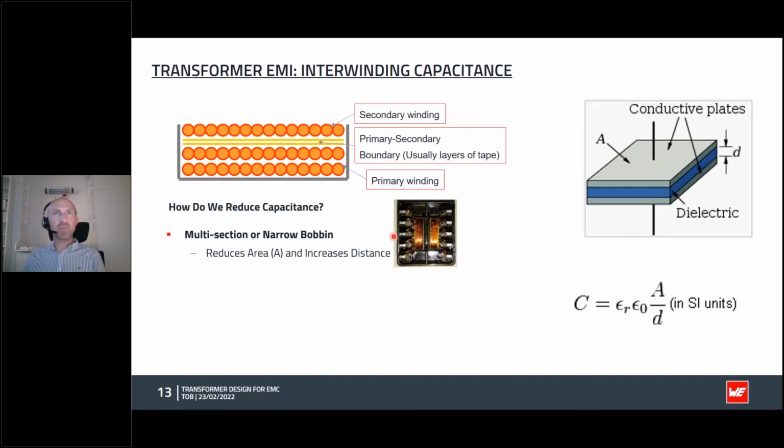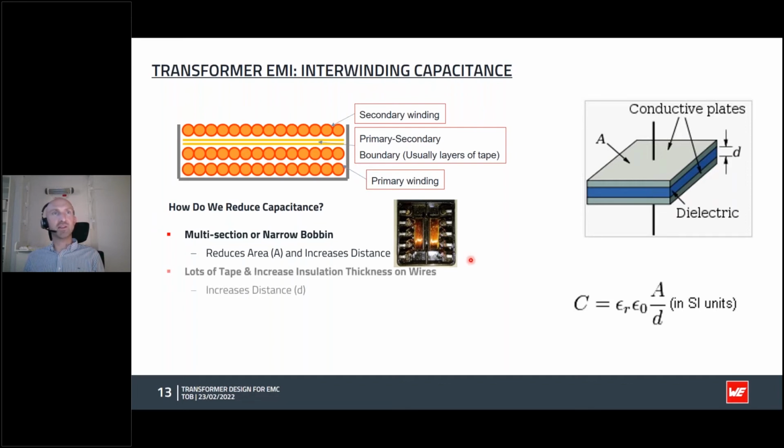So that's one way. An even more effective way is to completely split the primary and the secondary by using a multi-section bobbin. We can see here we have a multi-section bobbin, with a primary on this side and a secondary on this side, and you can see that the area between the primary and the secondary is very, very small in that scenario.